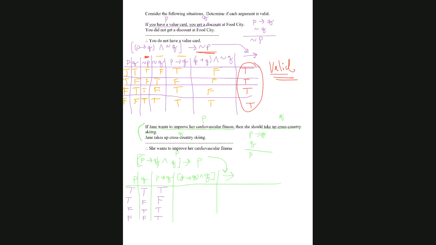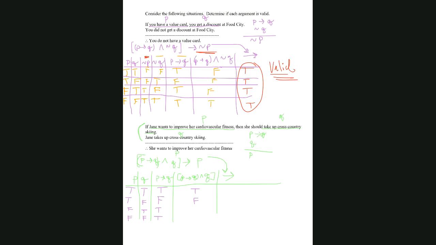Now, if P then Q and Q, so we need both of these to be true in order for our statement to be true. So true and true is true. Good. False and false, that's false.